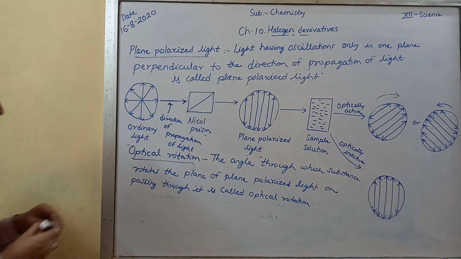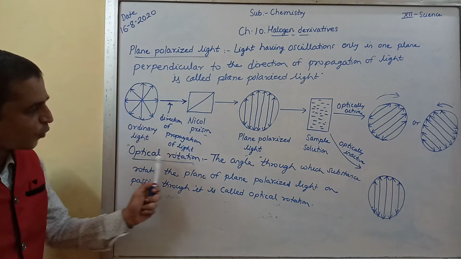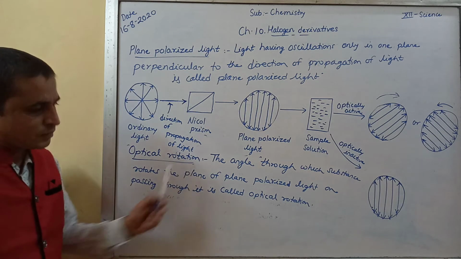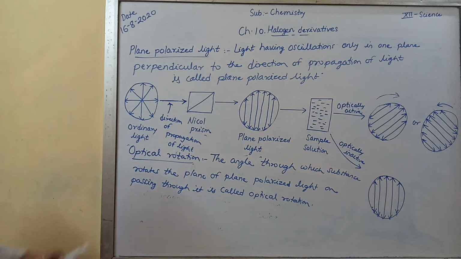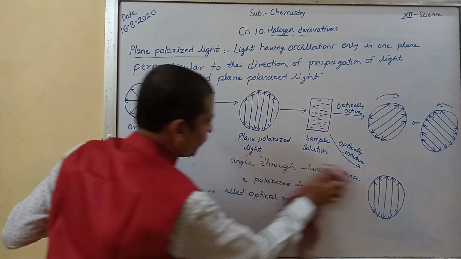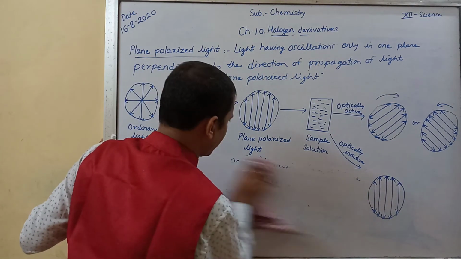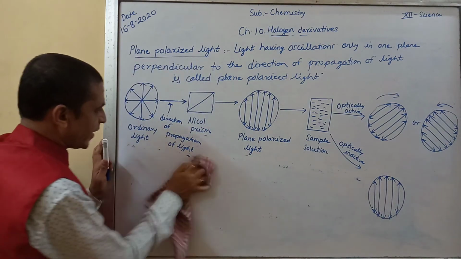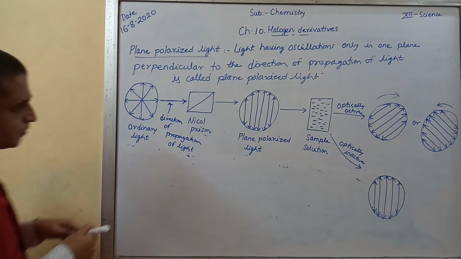Means optical activity is measured in terms of optical rotation. Now on the basis of optical rotation, there are two types of optically active compound. First one is what?